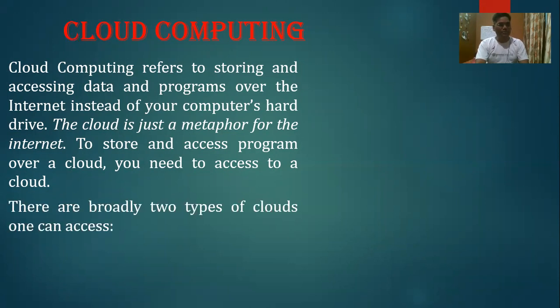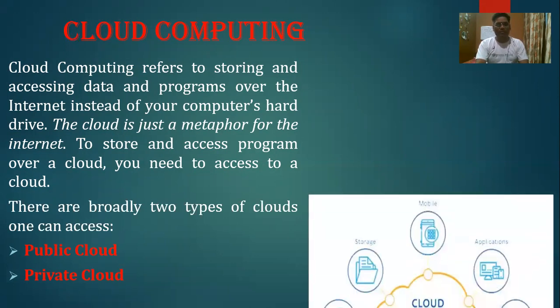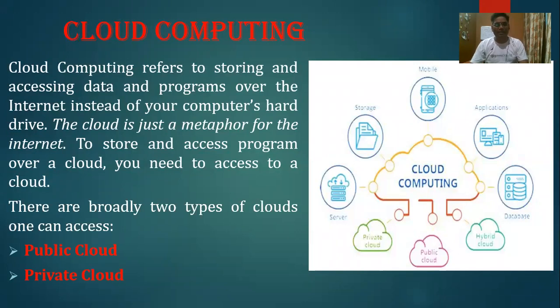There are broadly two types of clouds one can access: public cloud and private cloud. Just have a look at the picture given here, and I think the vision will be clear. You can see this is cloud computing.